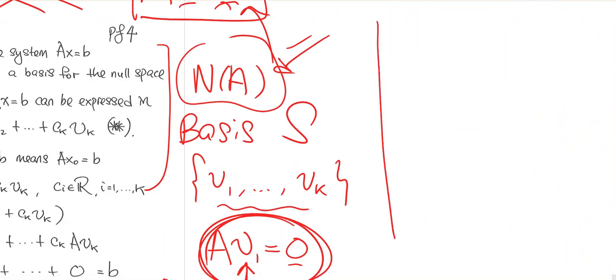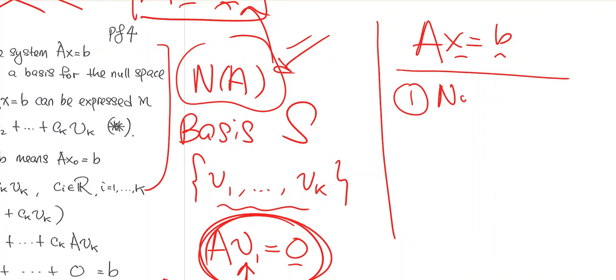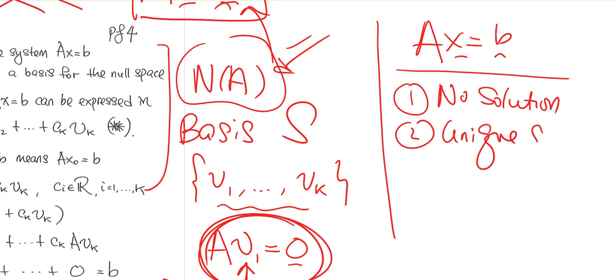Let's review one very important concept in linear algebra, which I hope you still remember. For any linear system Ax = b, we know, from long ago, that there are 3 possibilities. Number 1, no solutions. That's easy. Number 2, a unique solution, meaning 1 solution. That's also easy. And another case is infinitely many solutions.